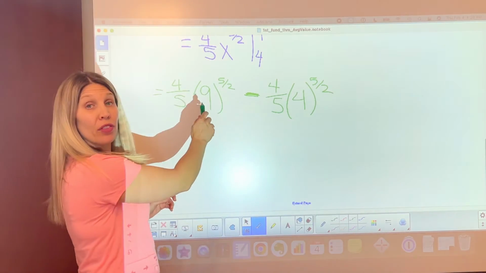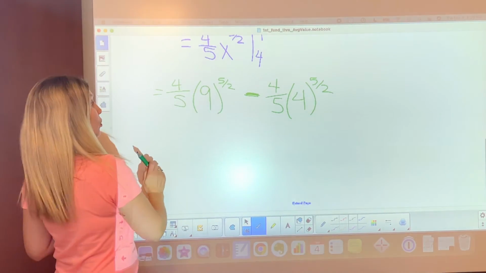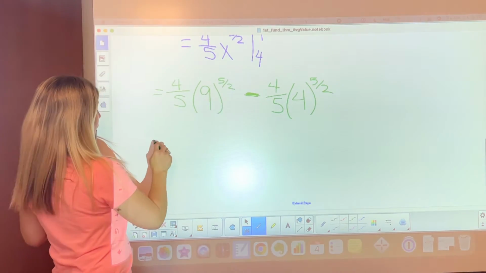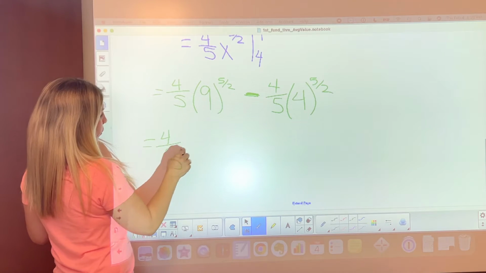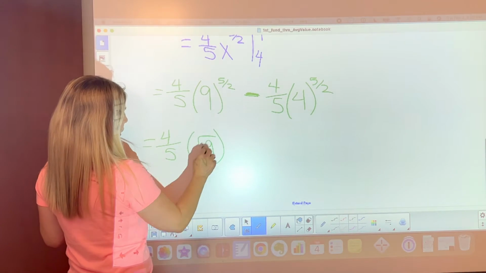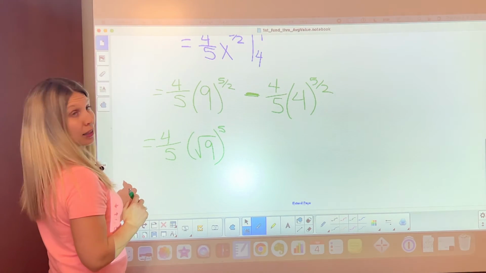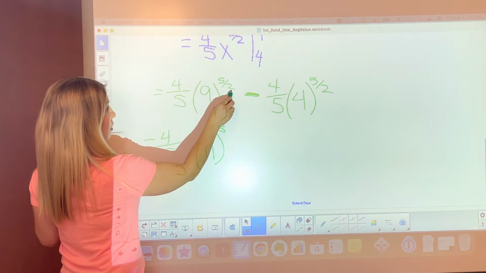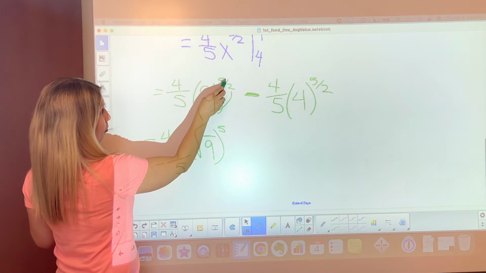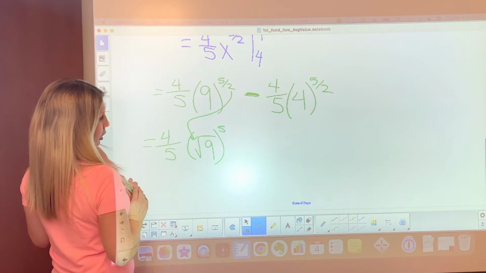I'm going to rewrite this as a square root to make this easier to solve. Or if you're allowed to use your calculator, stick this into your calculator. But if not, you've got 4/5. Now, this is really the square root of 9 to the 5th power. That's how this works. This denominator becomes your root. It's a square root. And my numerator stays as an exponent on the outside.